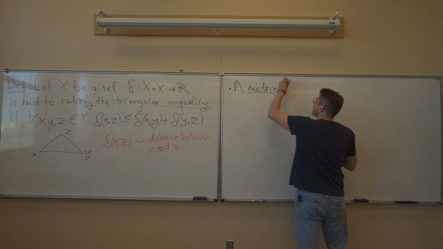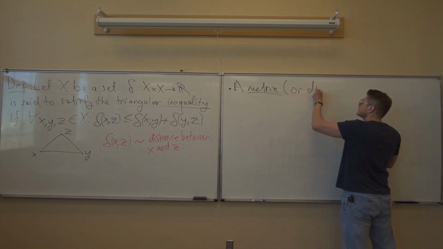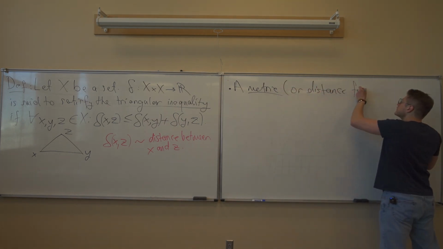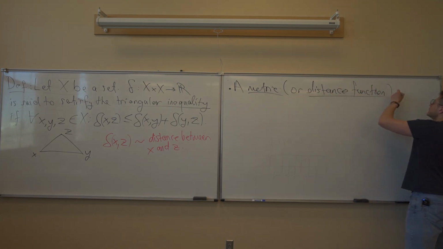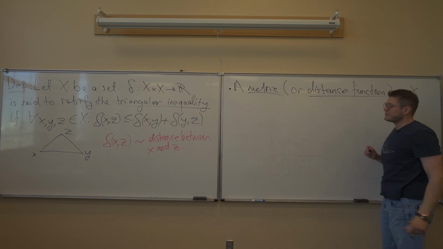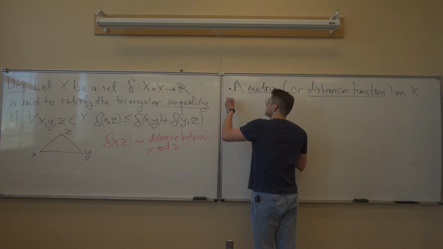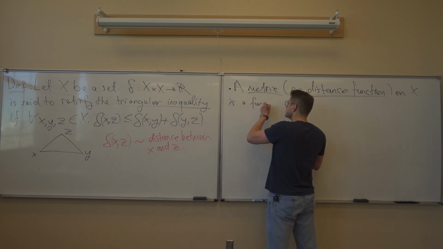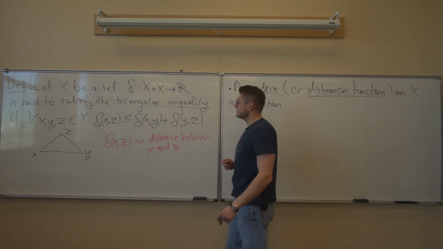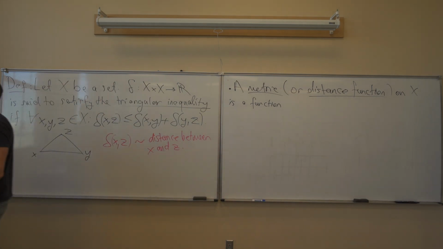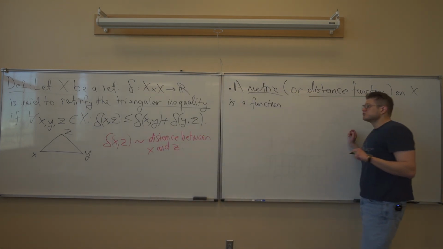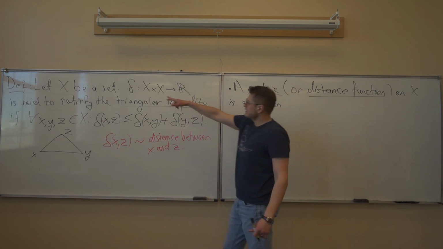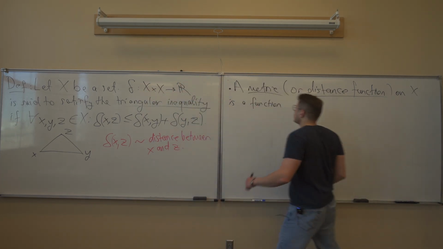A metric or distance function on X is by definition a function. Now I should be a little bit careful because distances are supposed to be non-negative numbers, at least classically speaking. And so let's just focus on deltas that take non-negative values only.